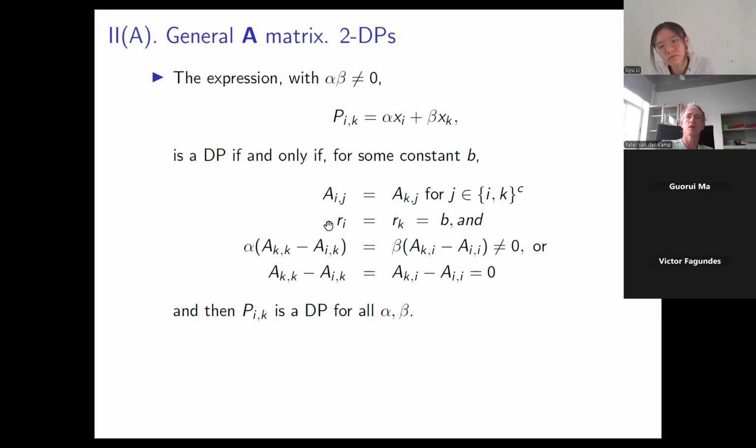And then well, first of all, we need these constants to be the same. The constants in front of the equation for xi and the equation for xk, they need to be the same. Now, this is not really a condition on the matrix. This is a condition on the coefficients here. So once you have the right matrix, you can just read off what is the alpha and the beta.